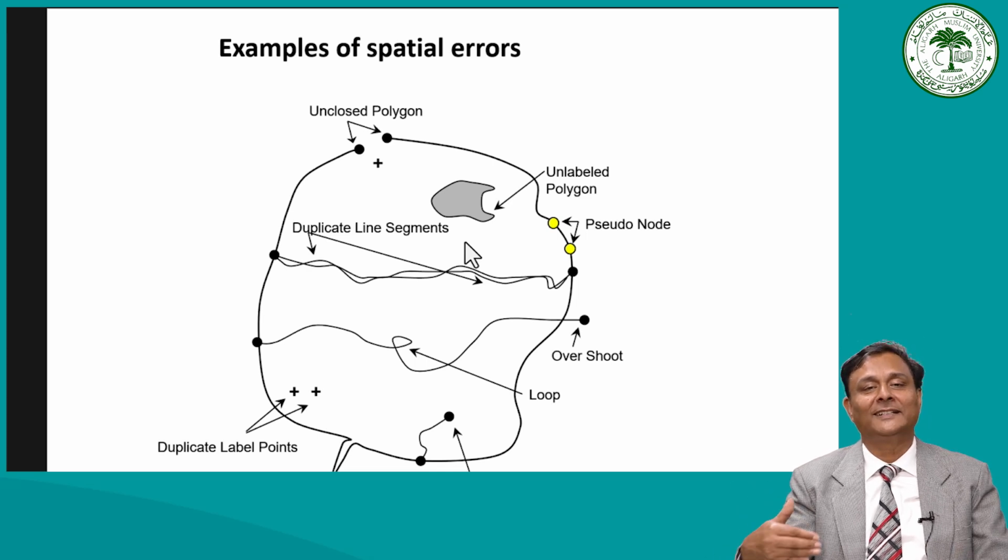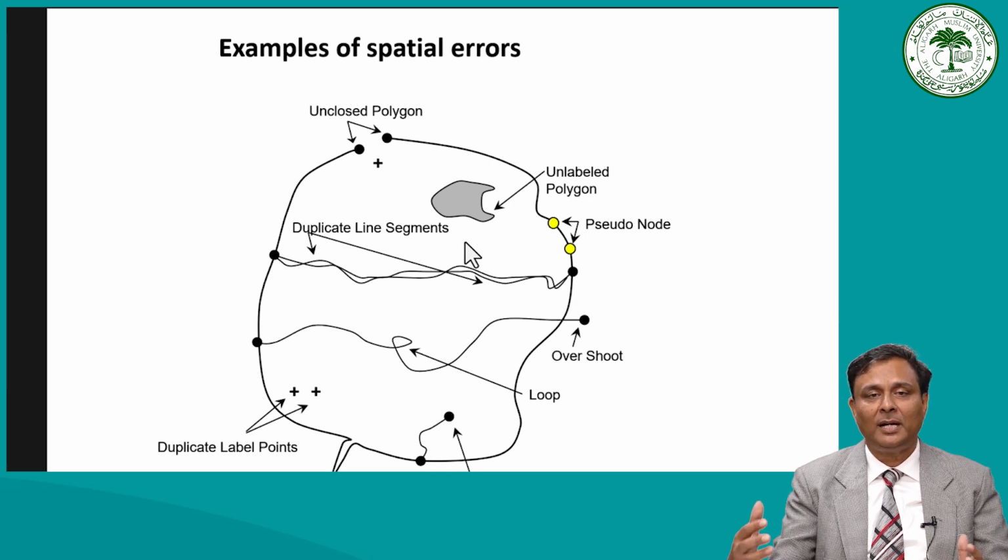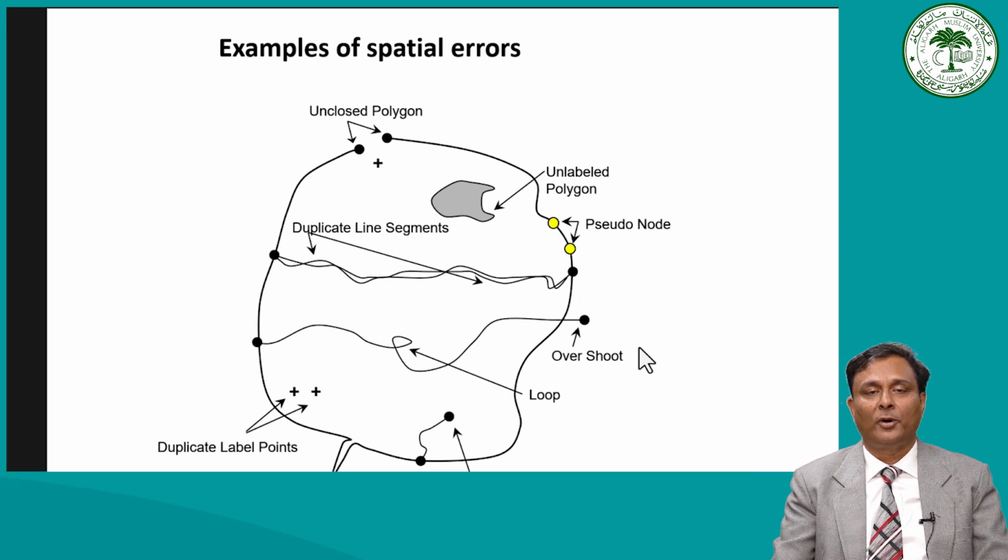That is the advantage of digital technology in modern day spatial information science, that these softwares have inbuilt programs which point out all these errors, which can be rectified very effectively and easily.